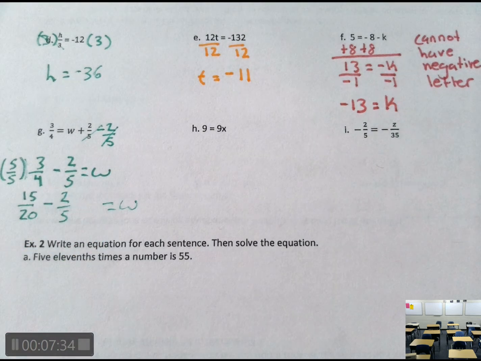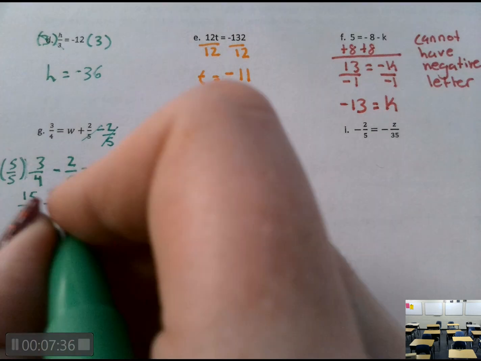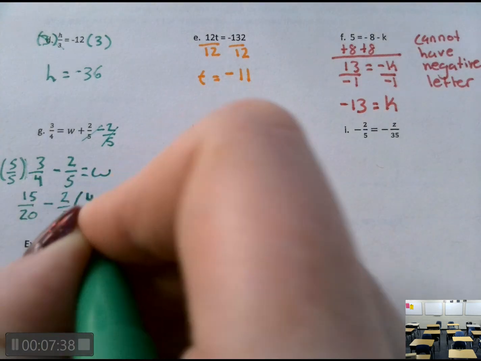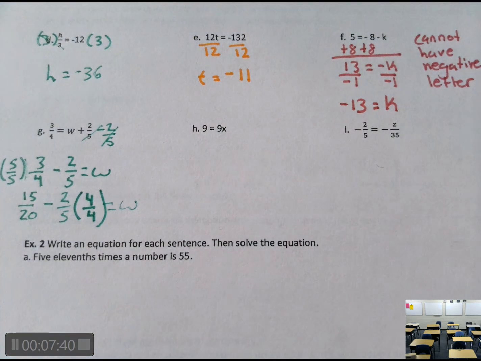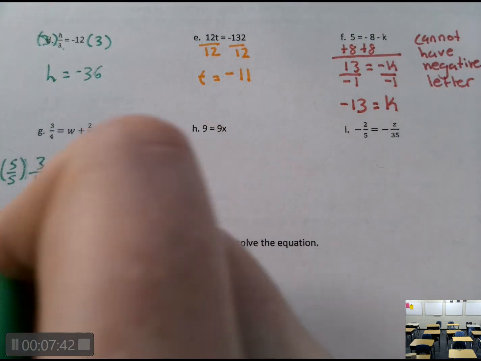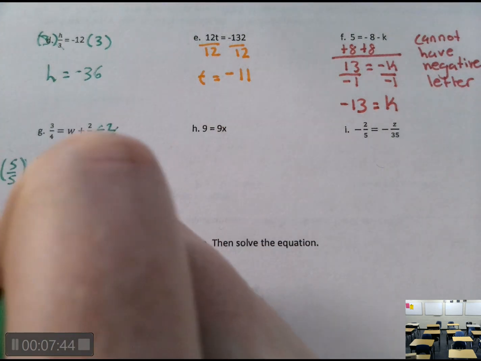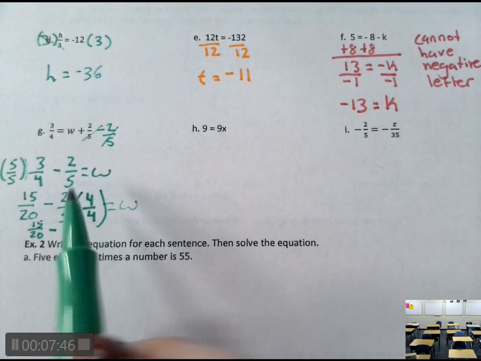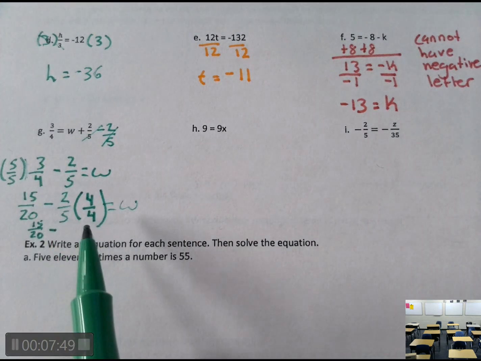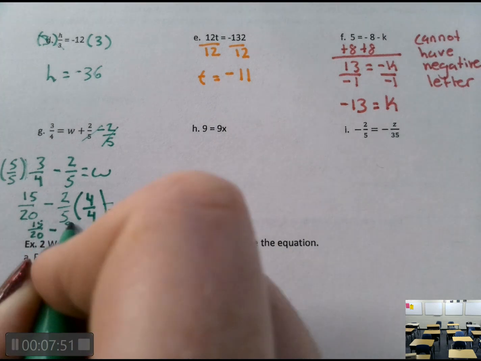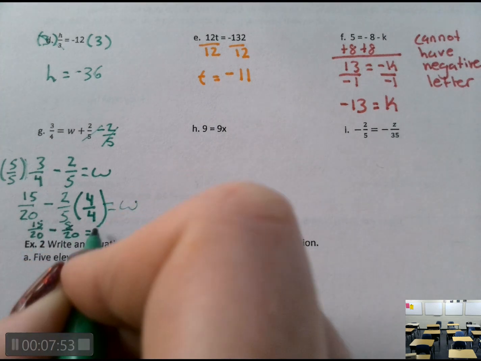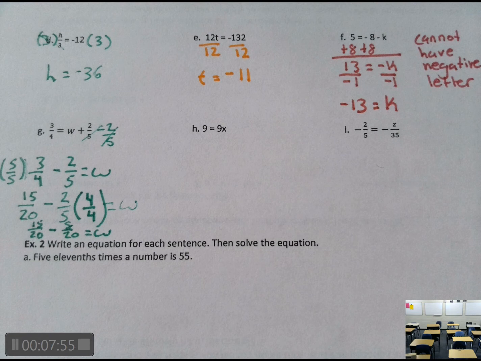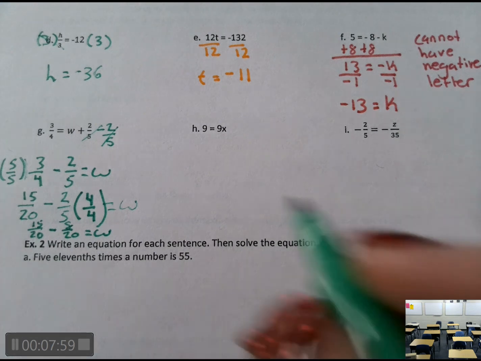That still doesn't help because now I need to do this side. Because 5 times 4 will give me 20, and remember, we multiply across when we multiply fractions, that gives 8/20. So now we have 15/20 minus 8/20. And 15 minus 8 will give us 7/20.